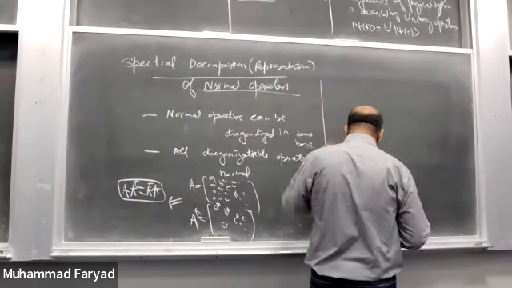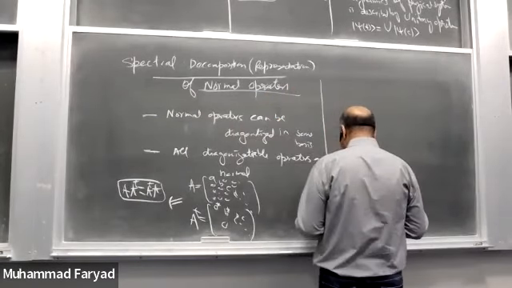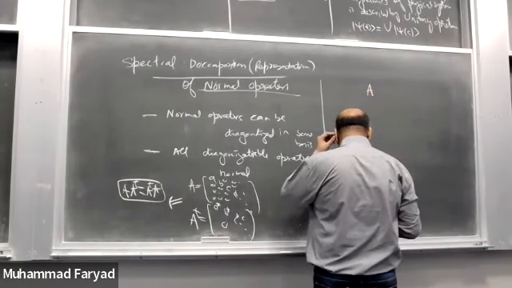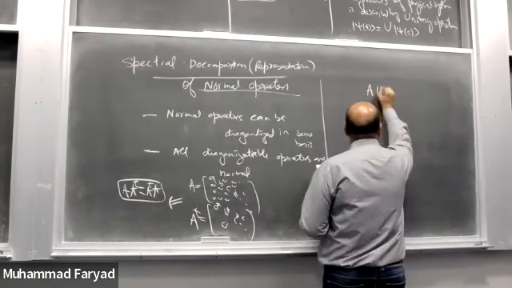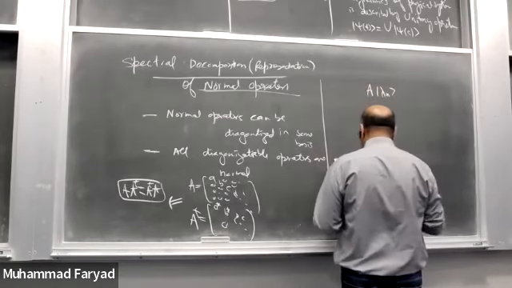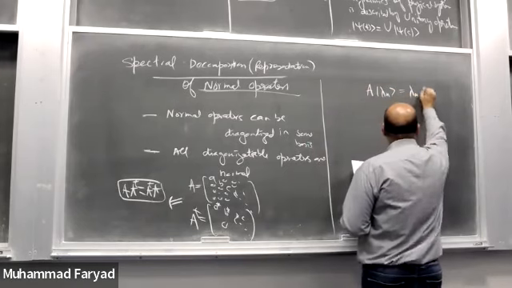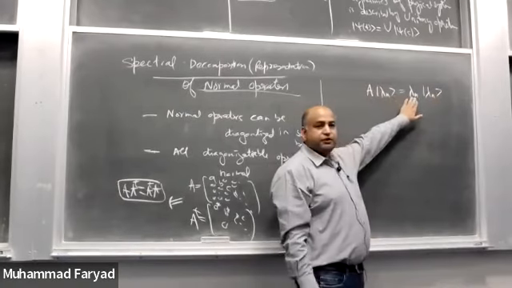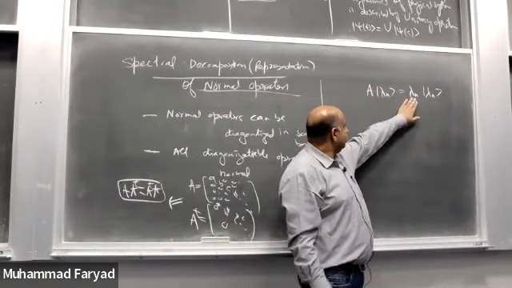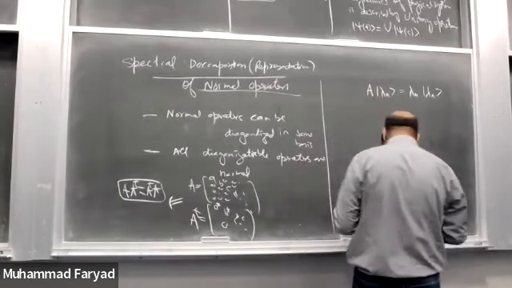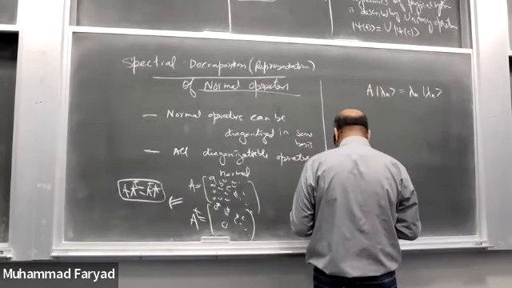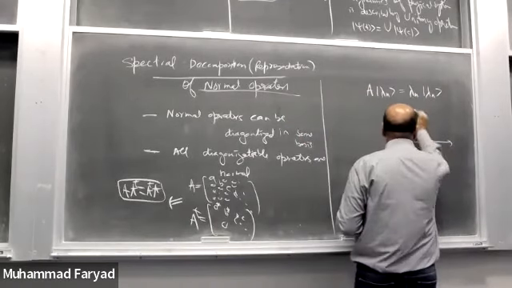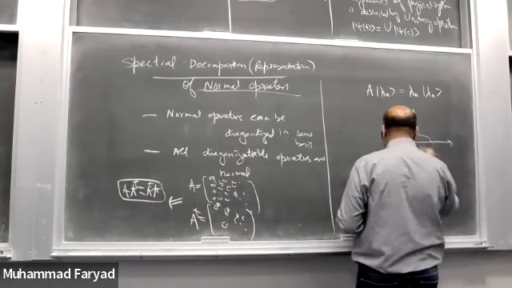Suppose we have an operator, a normal operator, and it has eigenvectors lambda n and eigenvalues lambda n. So these are eigenvectors, these are eigenvalues. Now, let me draw this Euclidean vector space G.